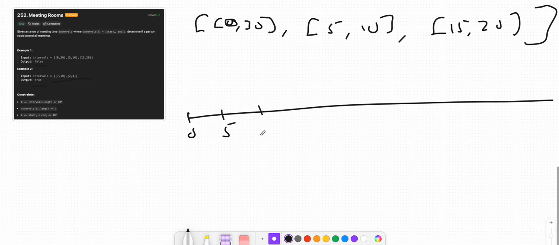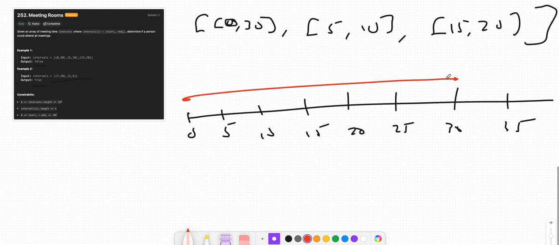0, 5, 10, 15, 20, 25, 30, 35. First meeting starts from 0, goes straight to 30. Next meeting starts from 5 to 10. And then the next meeting starts from 15 to 20, right?